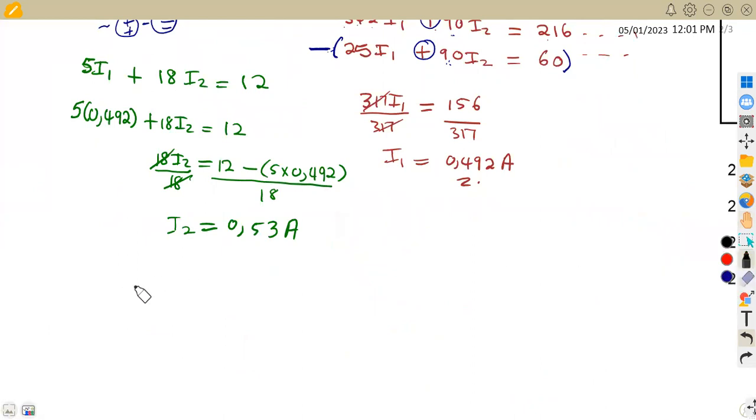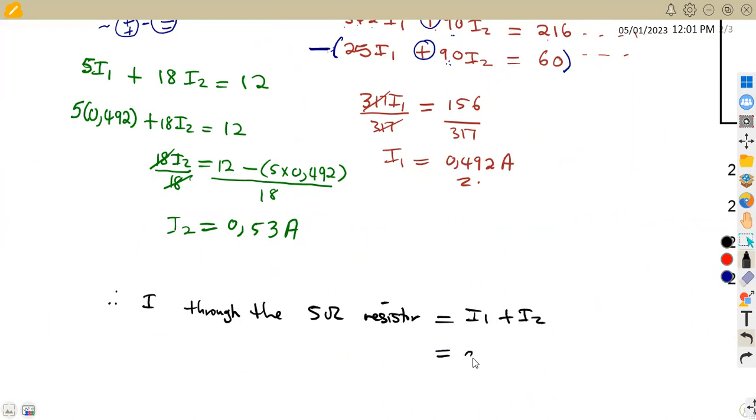So you shall have this as therefore the current through the 5 ohm resistor is going to be equal to current 1 plus current 2, which is current 1 that was 0.492 plus our current 2, which is 0.53.